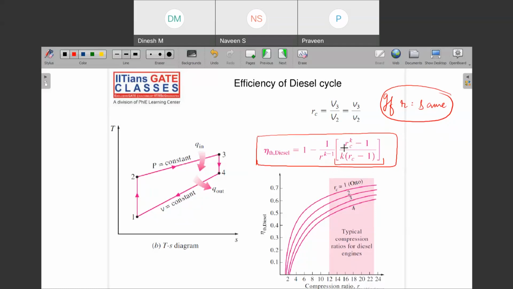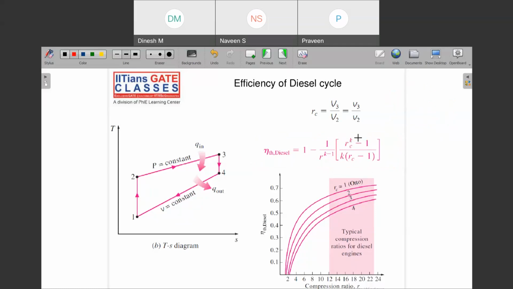Can you see that I have made the numerator more than 1 by taking the power here? So if this value is higher, the numerator is higher and the denominator is lower. So can you say that this portion in the bracket is greater than 1? And if this is greater than 1, then this value will increase. Then for the same compression ratio, the diesel cycle efficiency will be less than Otto.